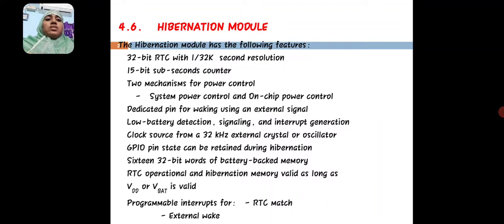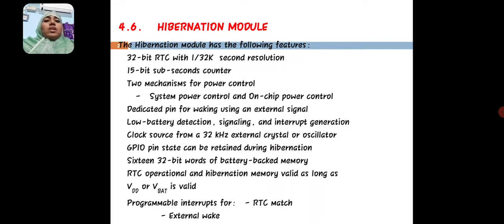It has dedicated pins for waking up from external signals, so we can wake up the modes which are in sleep mode. It also has low battery detection and signaling, and interrupt generation. One more important feature is the clock source from a 32 kHz external crystal oscillator.